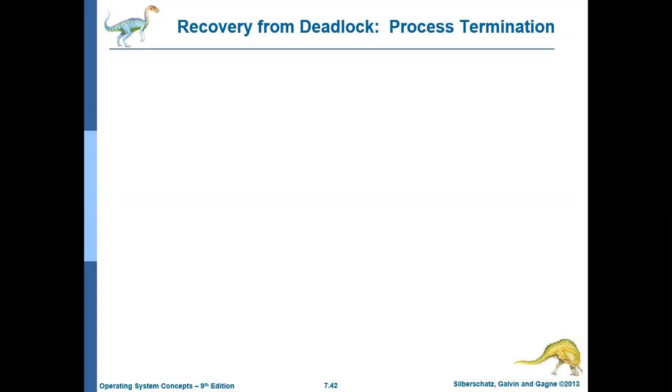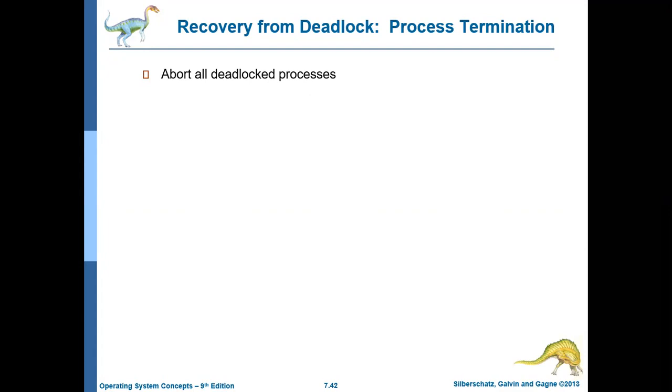First, let us see the first method. The first method is process termination. So how can the processes be terminated? One way to terminate the process is to just abort all deadlocked processes.